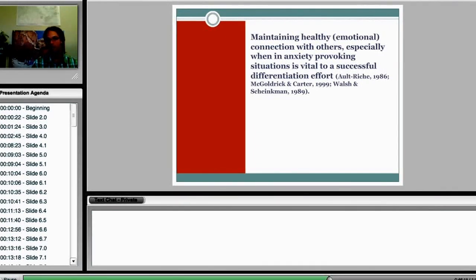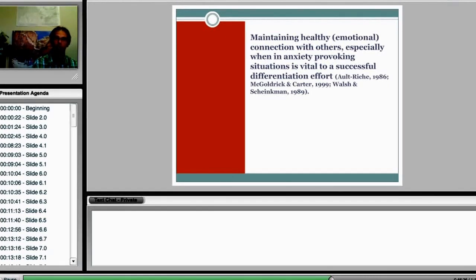Another slide here, just a quote. I guess it's a paraphrase from many different sources: that maintaining a healthy emotional connection is necessary, especially in anxiety-provoking situations, in order to increase that level of differentiation. So know that you do not need to be physically connected.